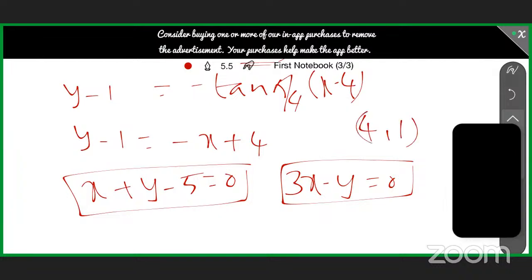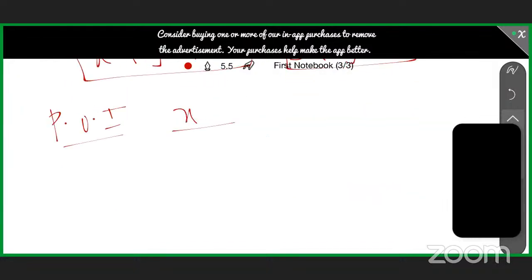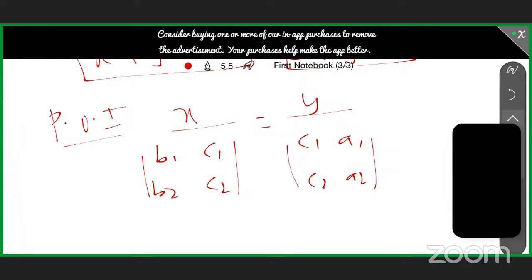Same thing what we did in the previous one. x by, you know the formula, no? If you don't know, I will write it on the board: b1 c1 by b2 c2. Now cyclic transformation only. y is equal to c1 a1 by c2 a2, that is equal to 1 divided by a1 b1 by a2 b2.